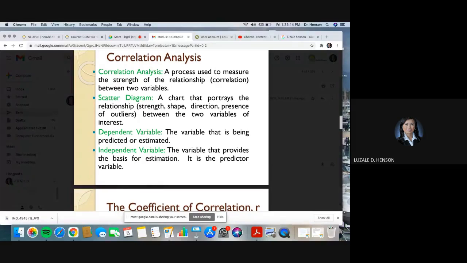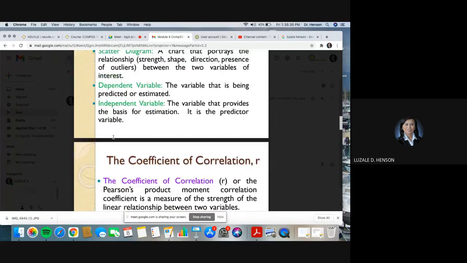So which one is the independent variable? The independent variable is the one that causes the change. So in that example, the independent variable is the increase in the price of gasoline. In effect, the price of commodities is the dependent variable.